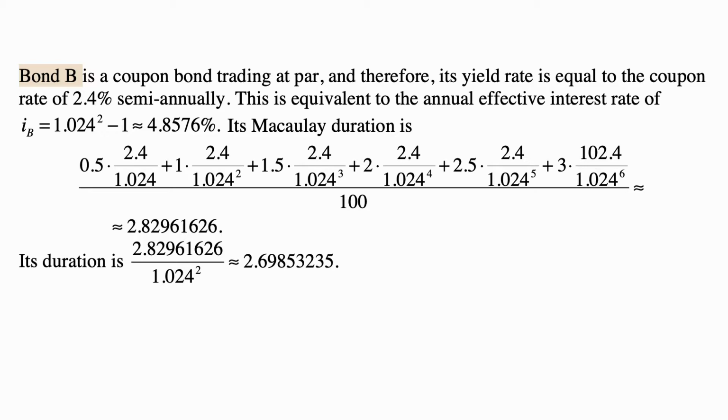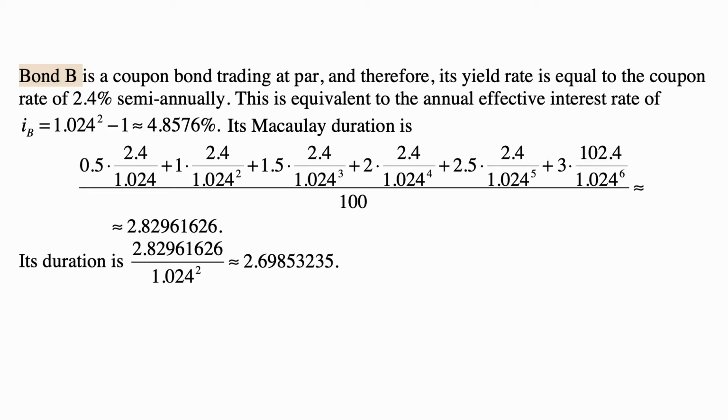4.8576%. And its Macaulay duration is, well, basically the weighted average time until payment, and the payments come at times 0.5, 1, 1.5, 2, 2.5, and 3. And the payments are 2.4, 2.4, 2.4, 2.4, 2.4, and 102.4 per 100.